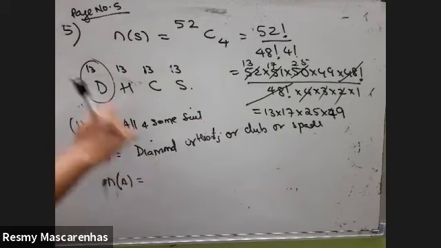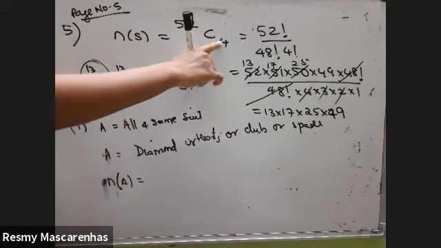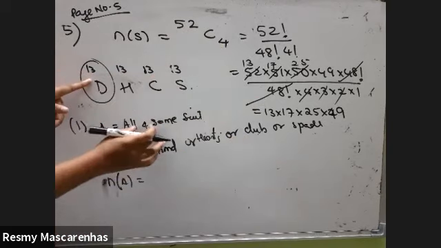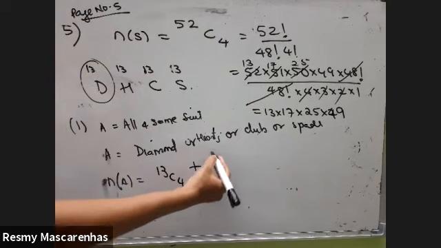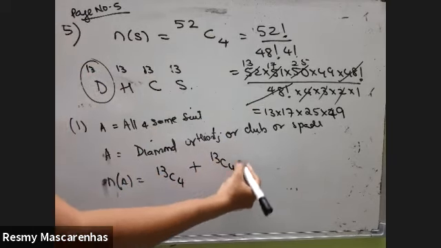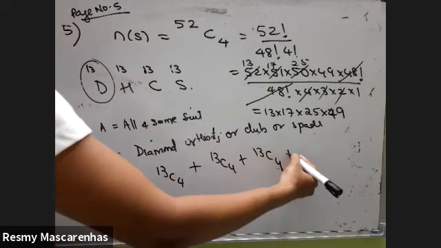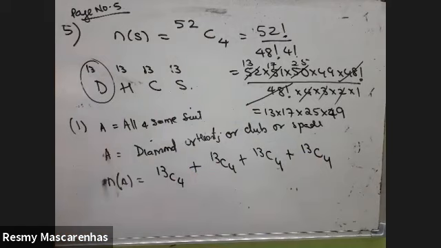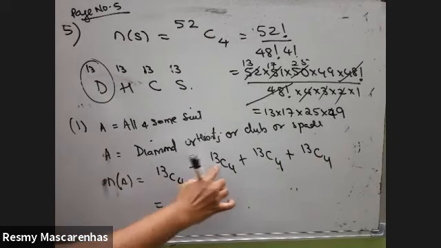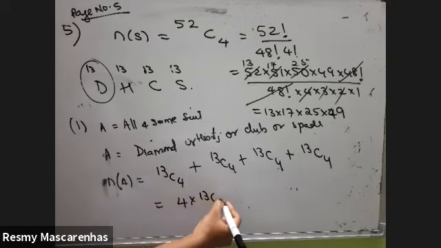So diamond means how many options do you have? 13. How many cards are to be drawn? All 4 have to be from the same suit. So 13 C4, or, and or always means plus, or all 4 could be from the hearts, or all 4 could be from the club. How much will this turn out to be? 4 times. Same thing, it is 4 times 13 C4, and then calculate.